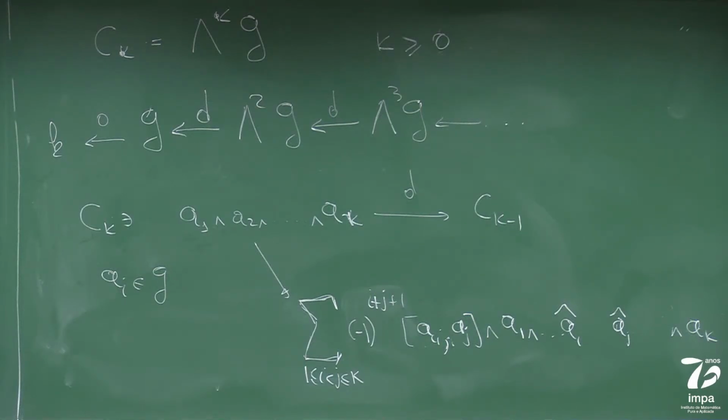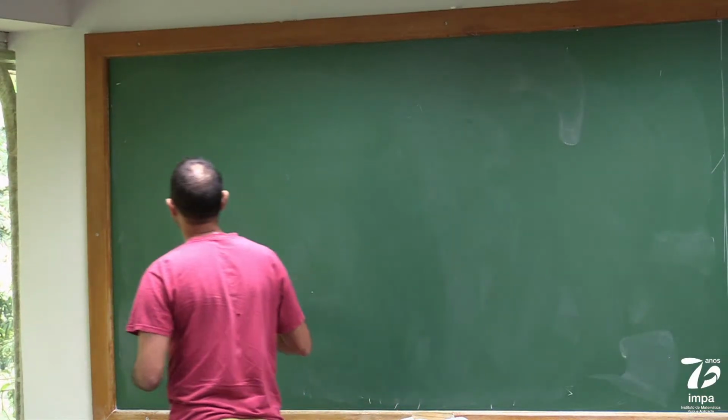And that's a complex that computes the Lie algebra homology of G with coefficients in the trivial representation. So I want to do this more generally for an arbitrary module so that we have one sensible definition.